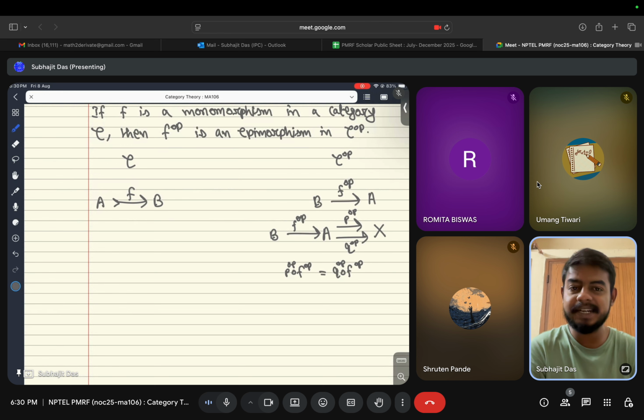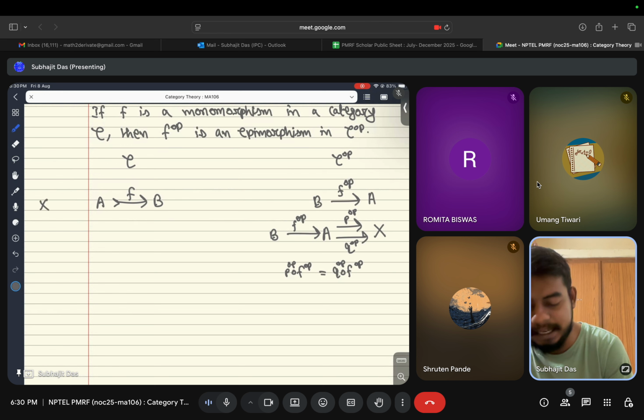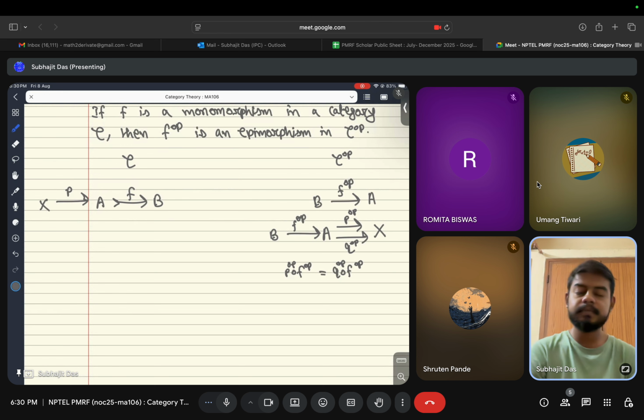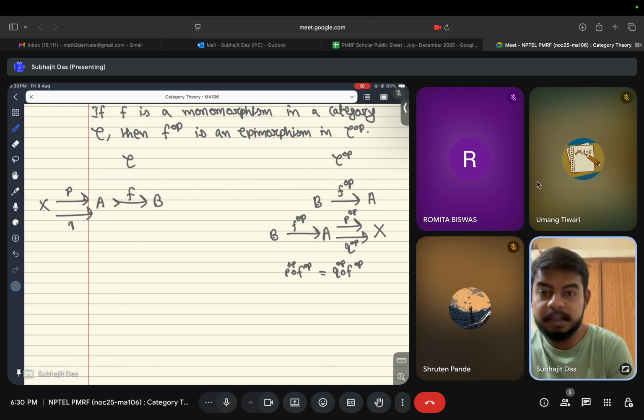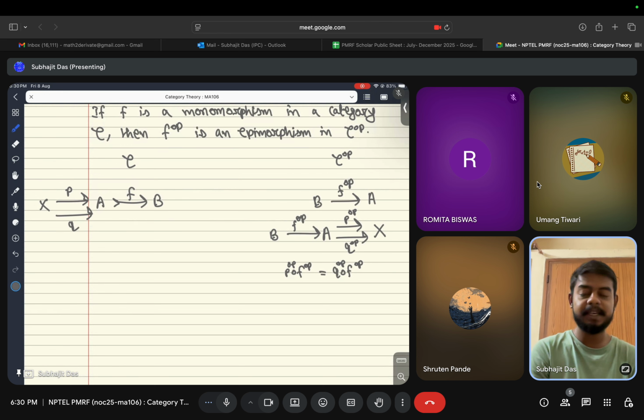So what happens really in the original category? F op is from B to A in C op. That means F is from A to B in C. P op is from A to X in C op, means that P is from X to A in C. Similarly, Q op is from A to X in C op, means that Q is from X to A in C, right?